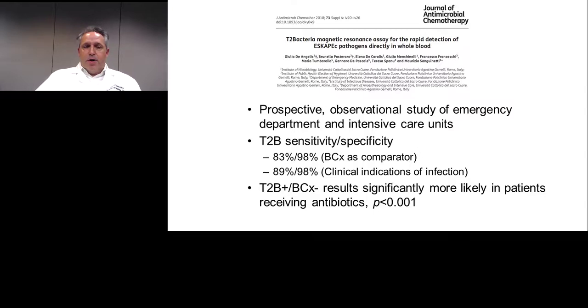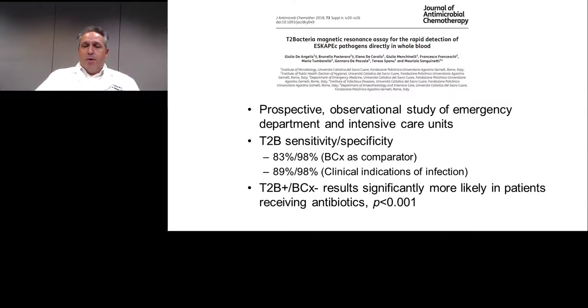So I'll review some data that have been published in the Journal of Antimicrobial Chemotherapy, and these are the first clinical data published using T2 bacteria in a real-world setting. These are data out of Rome, and what they focused on are emergency departments and intensive care units.